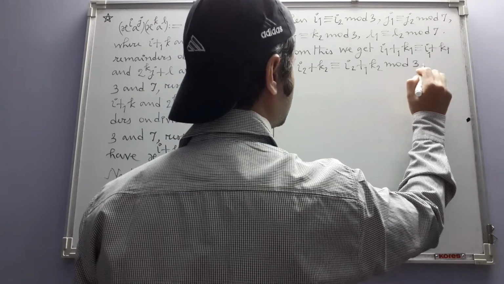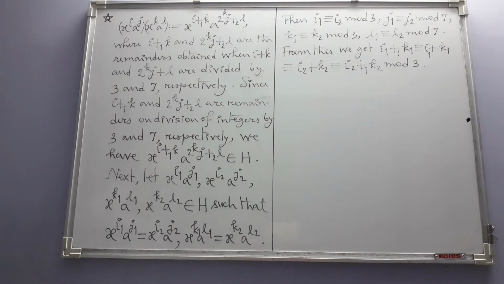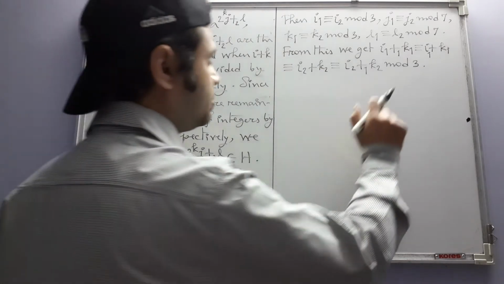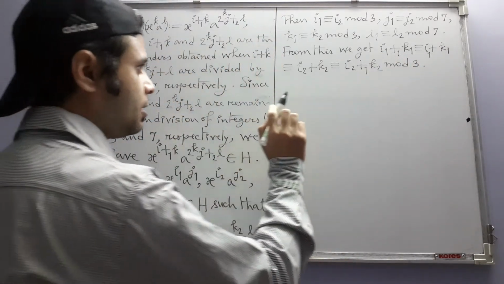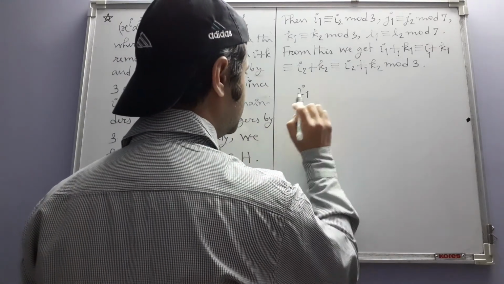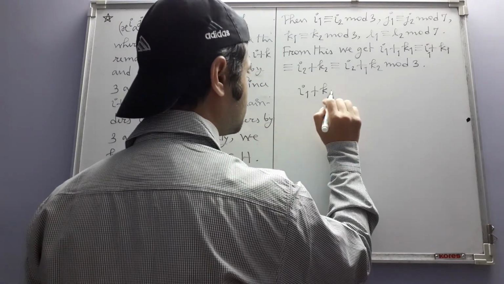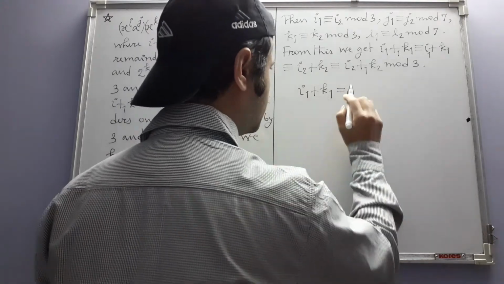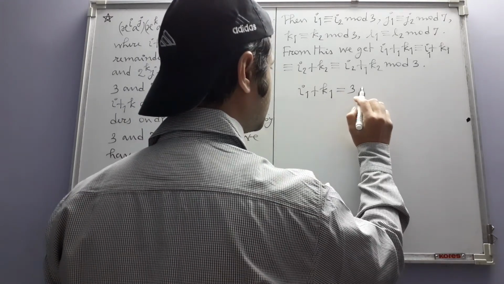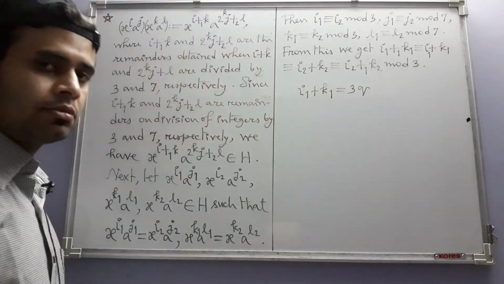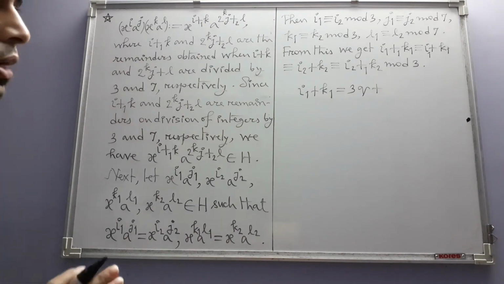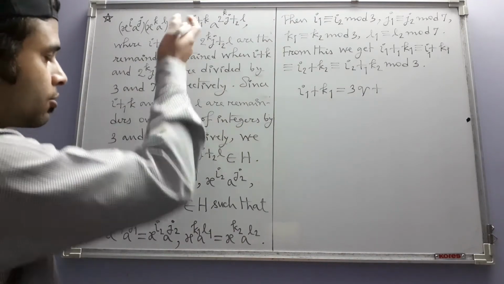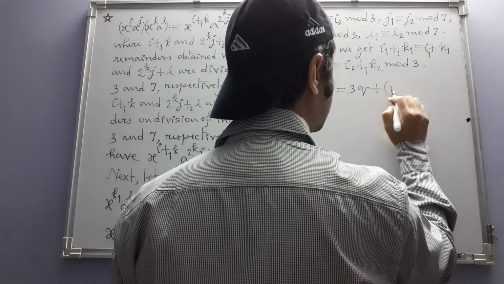Now our I1 plus K1 is an integer. If you divide that integer by 3, then it is 3 times some integer by the Euclidean algorithm plus the remainder, and that remainder according to these notations is this.